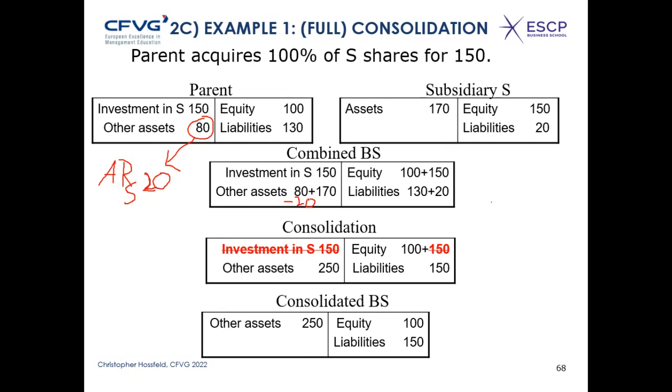What do I do? So I have an accounts receivable of 20 on the asset side, it needs to be consolidated, needs to be deleted. What else do I delete in order to balance my balance sheet? Any ideas?